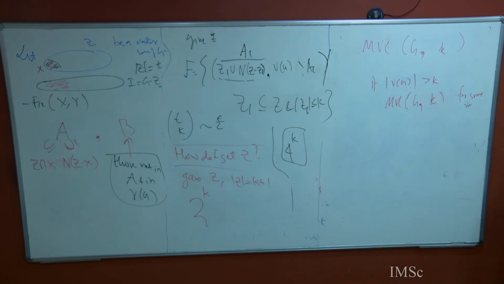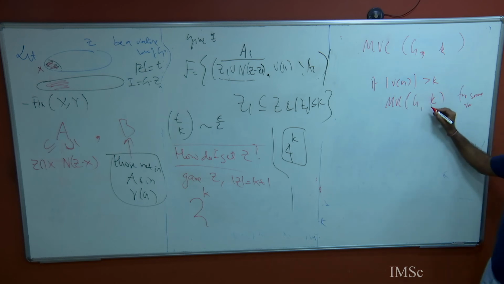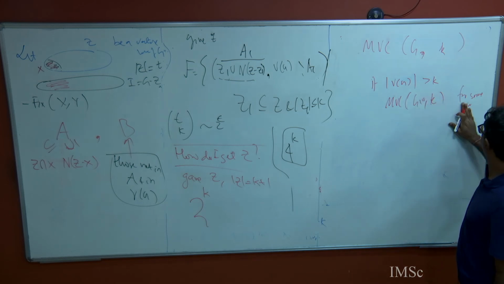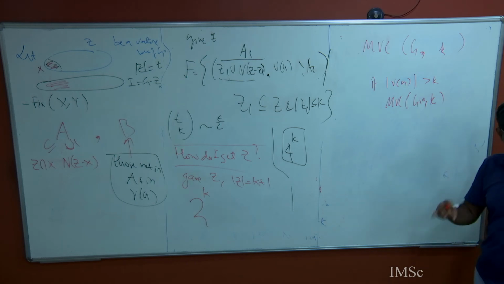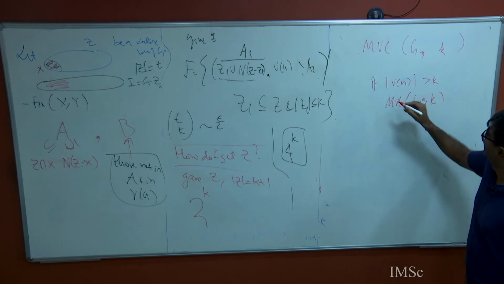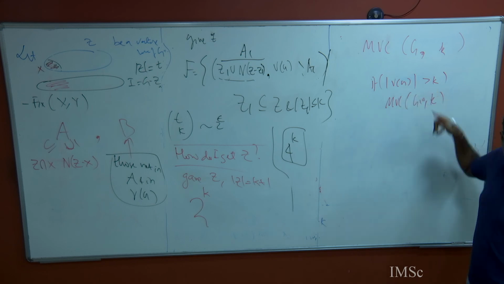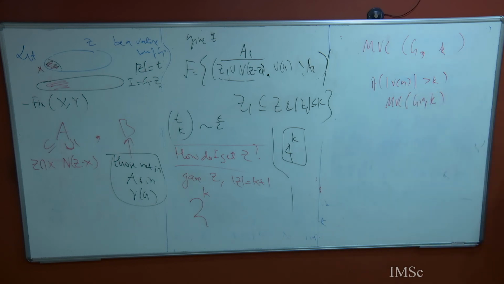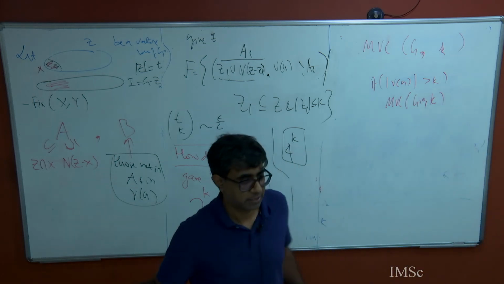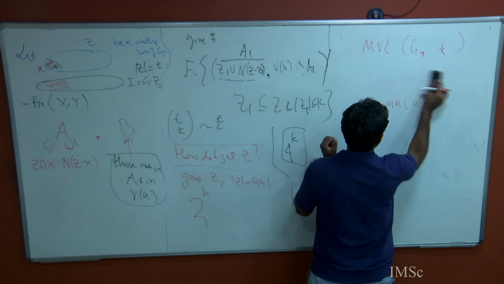This is it. I know I am on purpose writing it very badly, but if the size of my graph is more than k, what do I do? I delete a vertex, I say, hey, you go, right? So I need some base case.